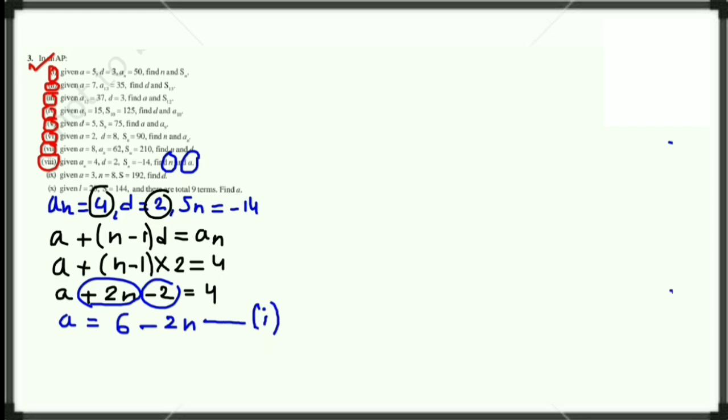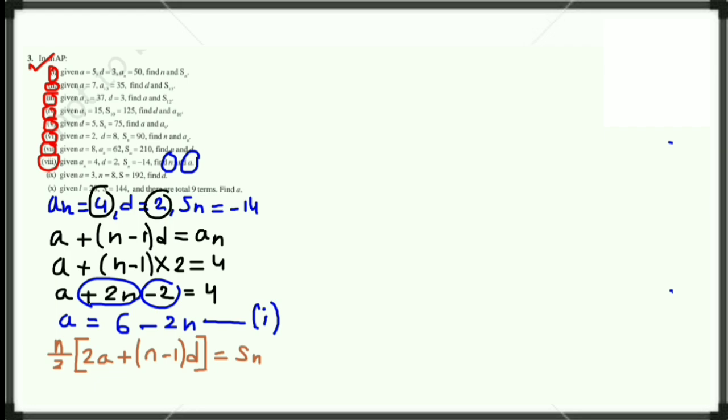Again we have another formula, and that formula is n by 2 [2a plus (n minus 1) into d] equal to Sn. Now let's put the value whatever we have.